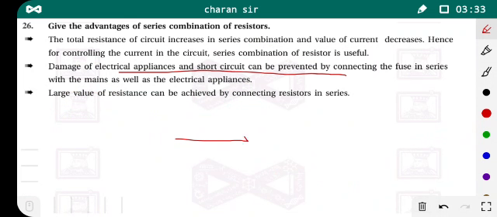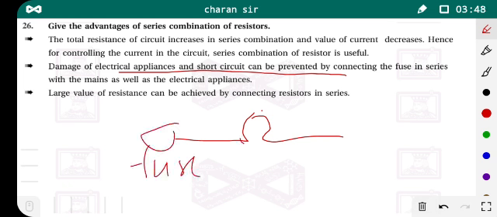Suppose we have an appliance, that is the bulb, and for the protection of this bulb we can connect a fuse in series with this bulb.